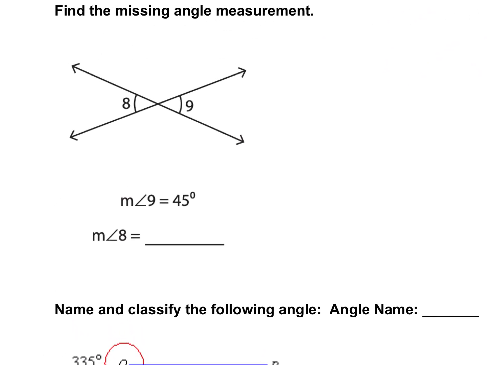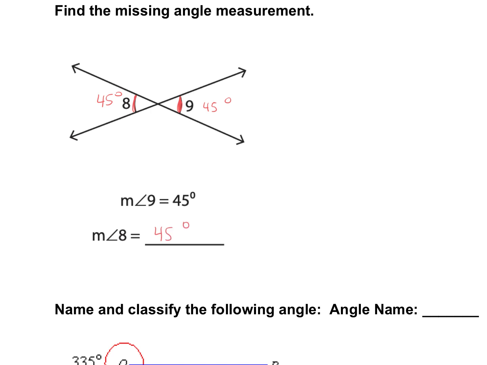Okay, let's take a look at this missing angle measurement. So remember, my angles directly across from each other, these are my vertical angles. So if angle 9 in here was 45 degrees, I know that angle 8 is also 45 degrees.